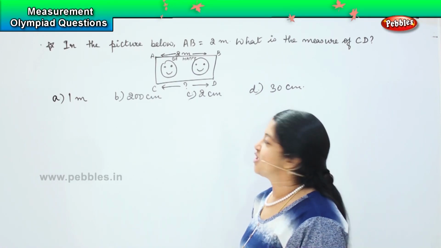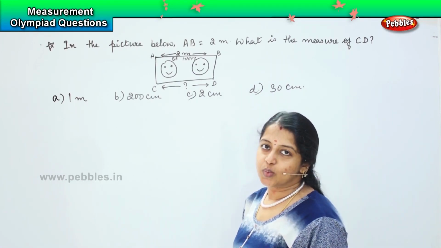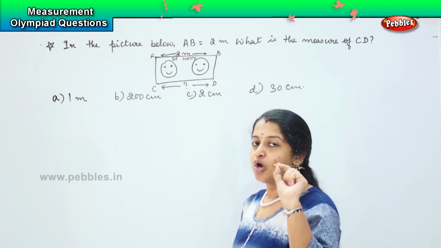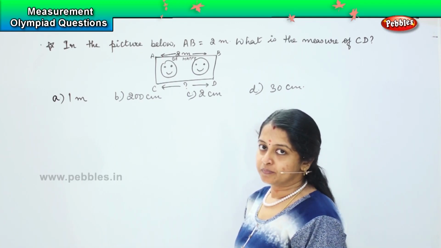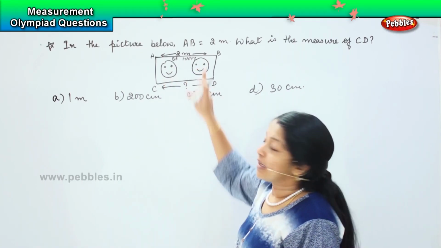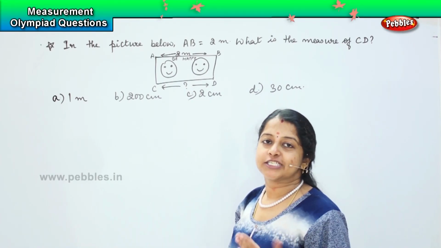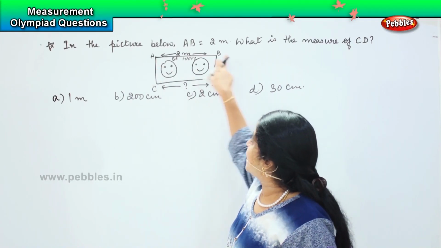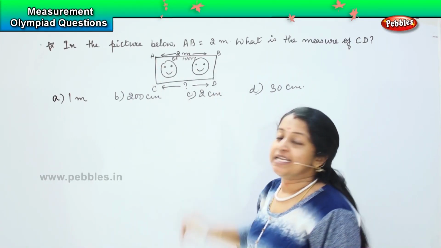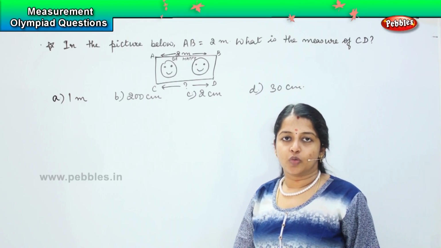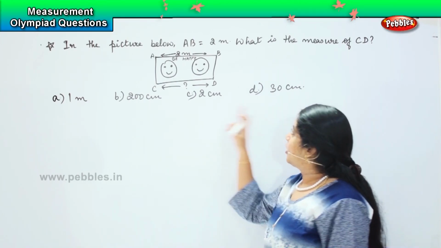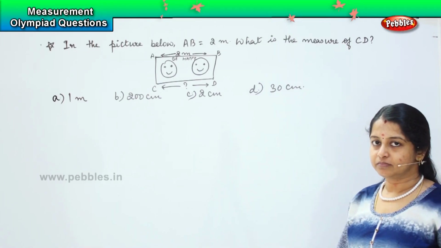So did you understand the question, children? It's a very easy question, but there is one small touch to it. We know that a rectangle has the opposite sides equal, right? So if AB is 2 meter, naturally CD will also be equal to 2 meter. Now can you find 2 meter as an option?